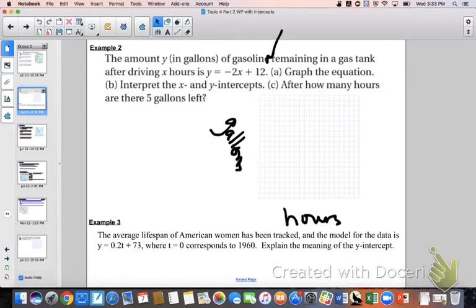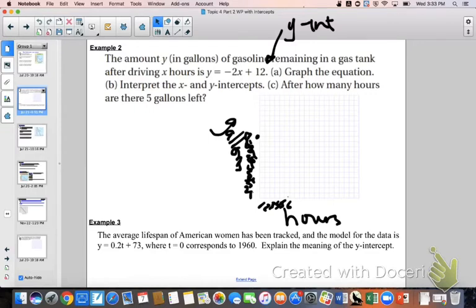Well, I know that 12 is my y-intercept, so I've got to get up to 12. So there's 1, 2, 3, 4, 5, 6, 7, 8, 9, 10, 11, 12, right there. And you totally cannot read those numbers. Sorry about that. And then the hours will go 1, 2, 3, 4, 5, 6.